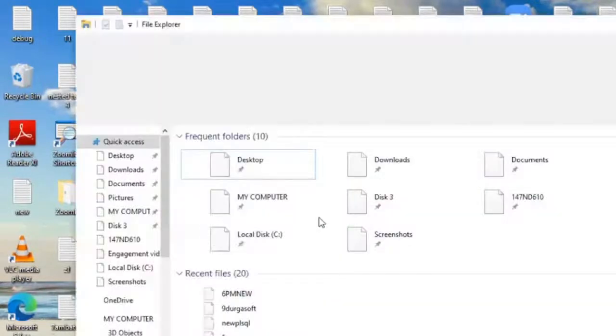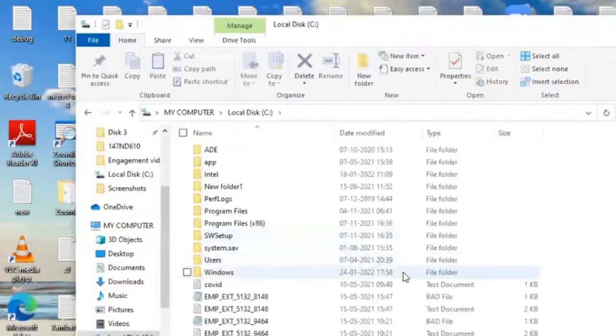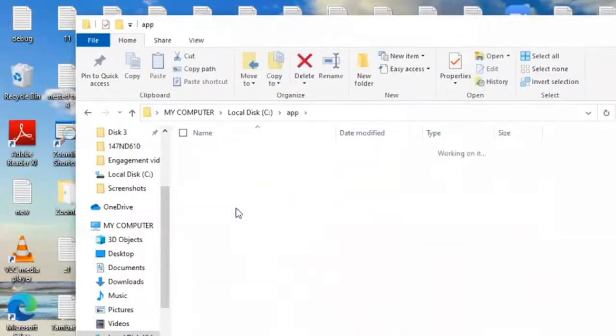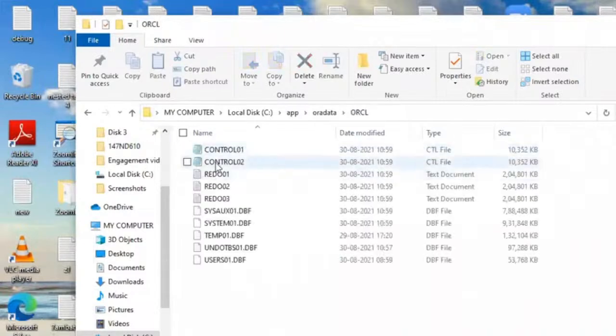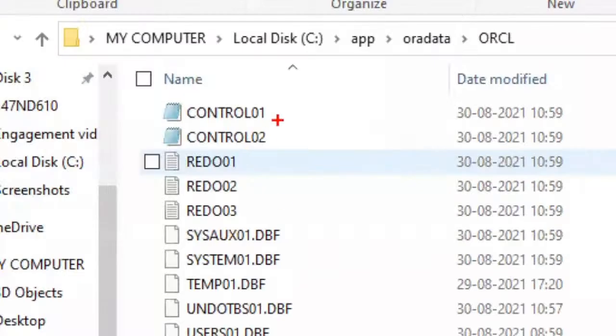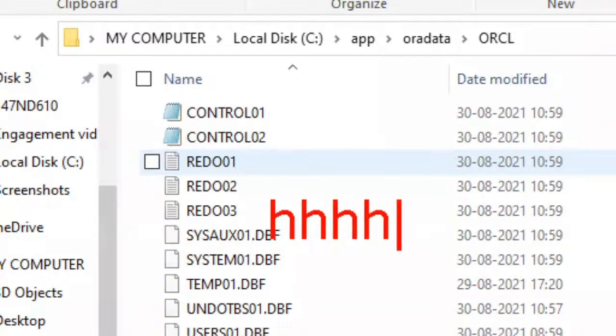I'm installing Oracle on my system. How you install Oracle we will learn in the next classes. Don't worry. Now in this C drive, your table is not available. Whatever table I'm creating is not visible in the C drive or D drive.